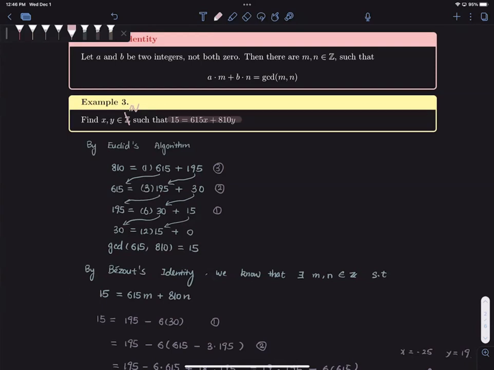Okay, what about this? For this one, let's change 15 to 30.